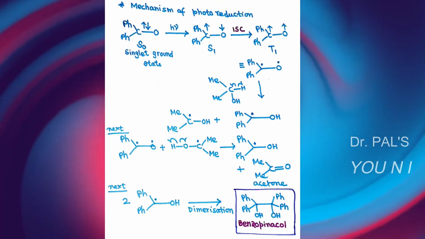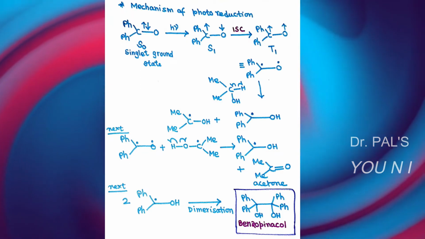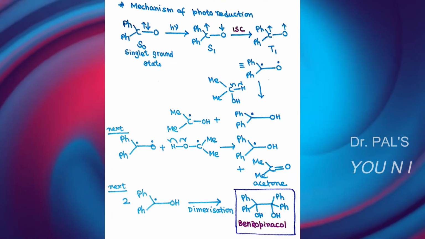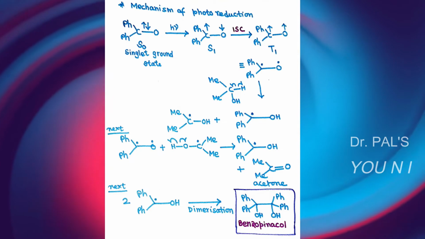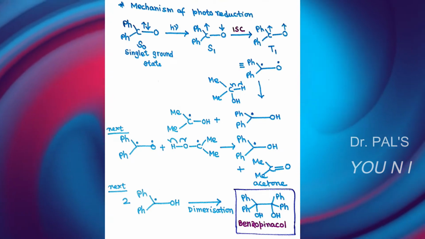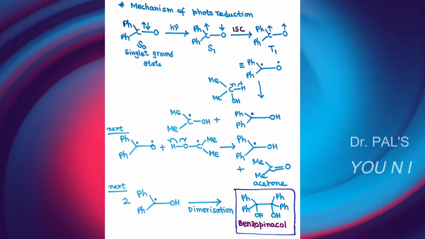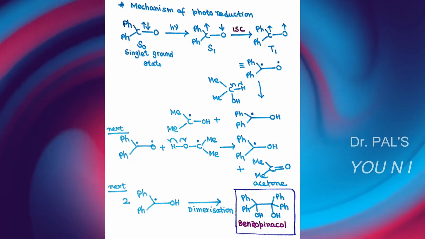Now benzophenone in the T1 state interacts with isopropyl alcohol, and isopropyl alcohol undergoes dissociation of the carbon-hydrogen bond. Homolytic cleavage happens, and after this homolytic cleavage the H dot is abstracted by the O dot.